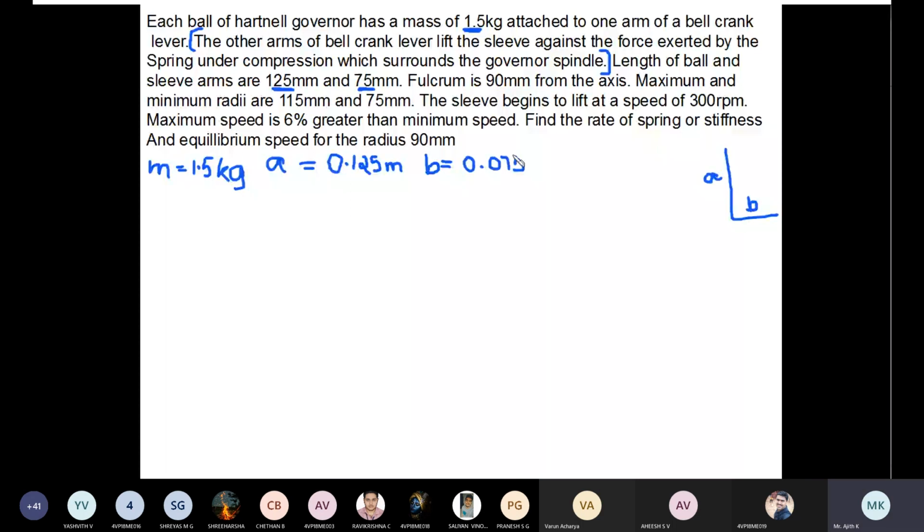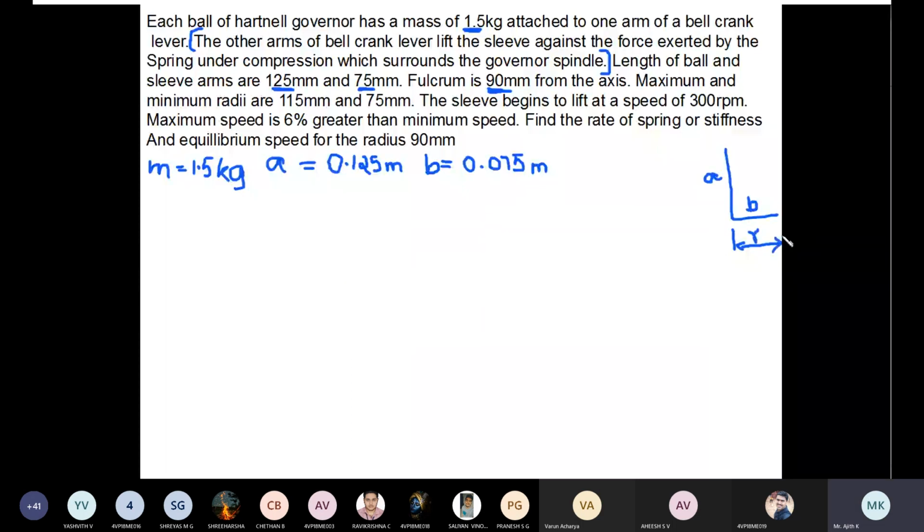Next sentence. Fulcrum is 90 mm from the axis. This distance is given, and it's nothing but the r value.